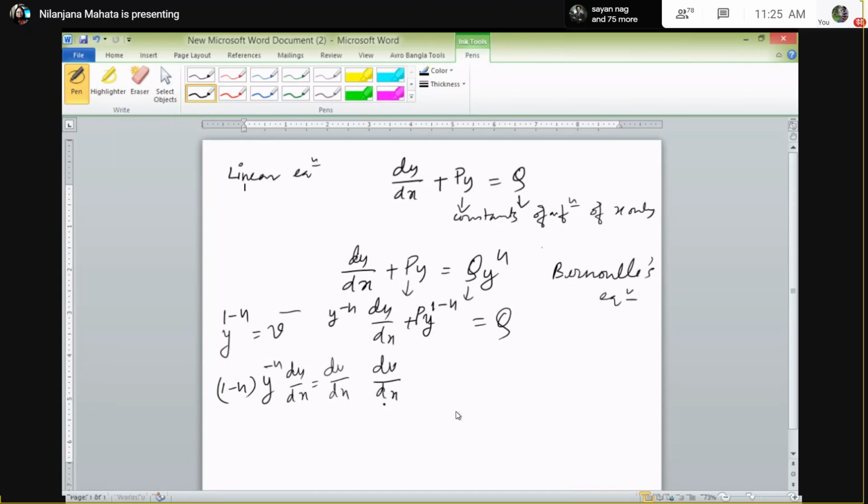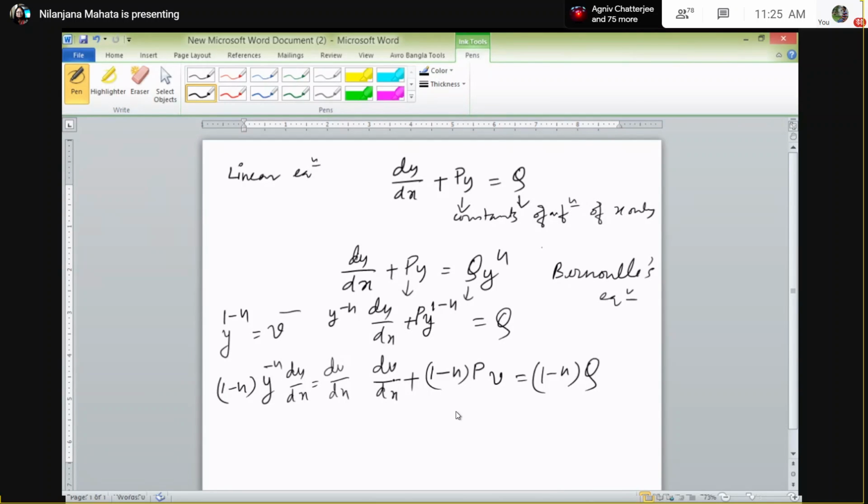dv/dx, and if I multiply by y to the power minus n, this will be 1 minus n, P v, equal to 1 minus n into Q, right?